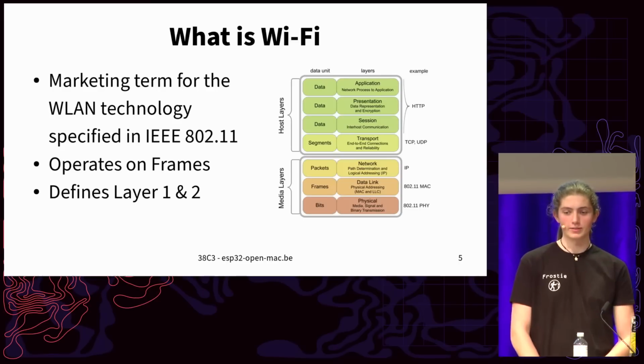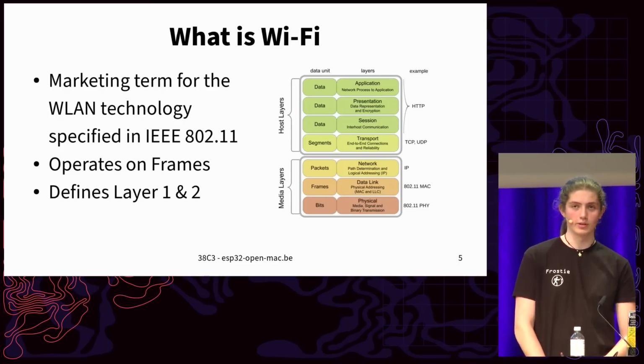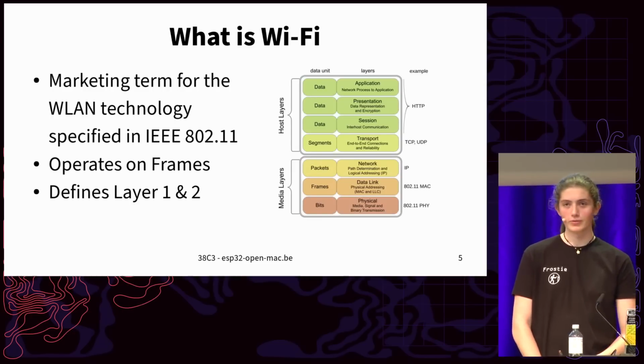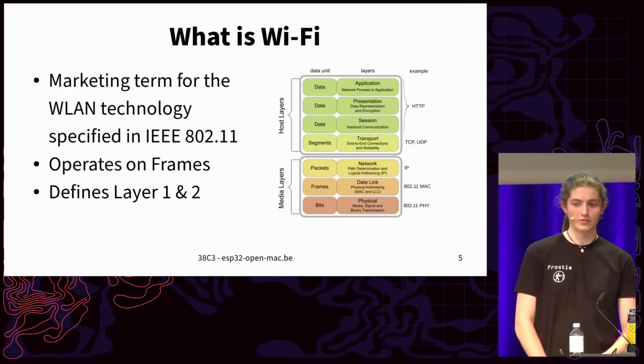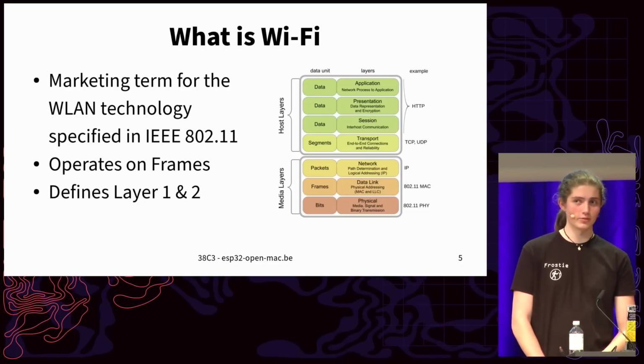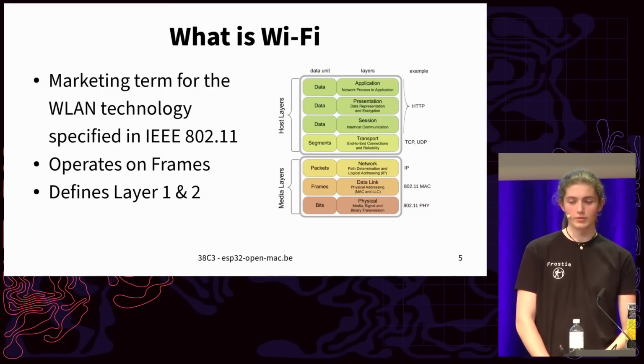Okay, so now I'll quickly get into what is Wi-Fi. Wi-Fi is just the marketing term for a wireless local area network technology specified in IEEE 802.11. It's very widely used, and probably everyone in this room has a device that's currently using it. Topology-wise, it's very similar to Ethernet. It's actually from the same family of standards, the IEEE 802 standards, and Ethernet is specified in 802.3.